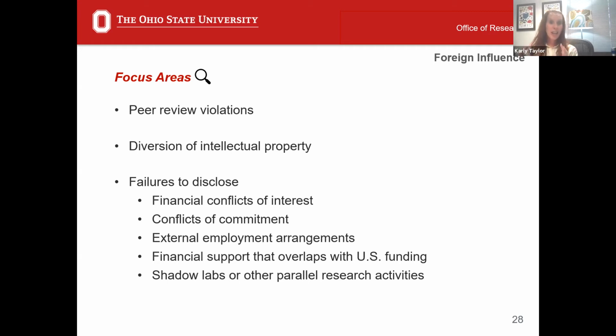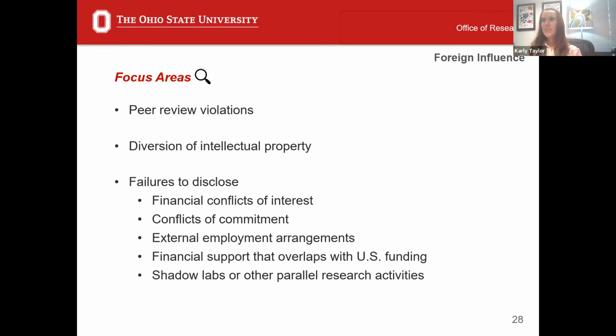A huge area that we see a focus on is failure to disclose. That is investigators failing to disclose their conflicts of interest, conflicts of commitment, or external employment arrangements that they are not disclosing to the sponsor. Another issue is whether investigators are receiving financial support that overlaps with their US funding.